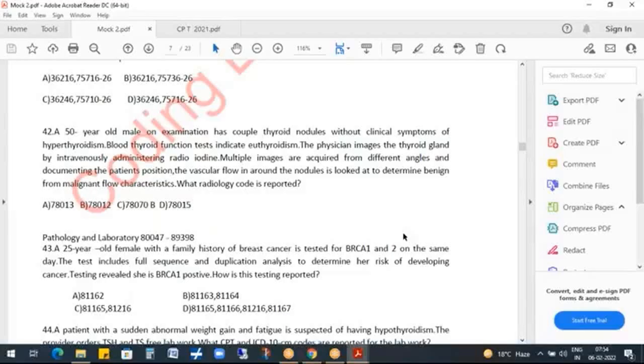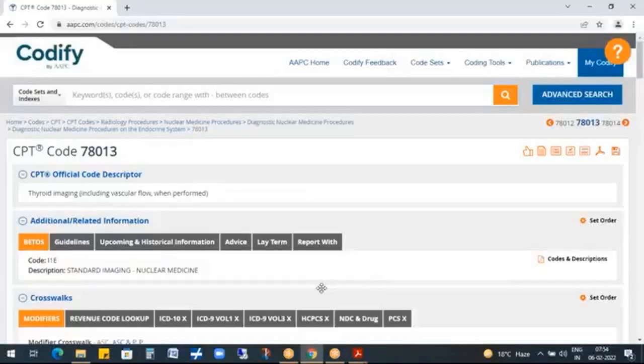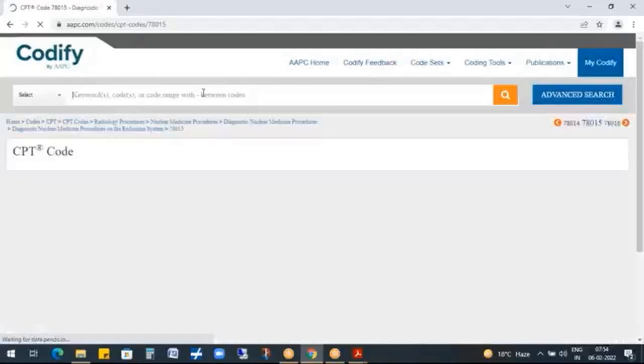What is the reason for the test? Thyroid imaging, sir, or carcinoma or cancer. What is the reason for the test?